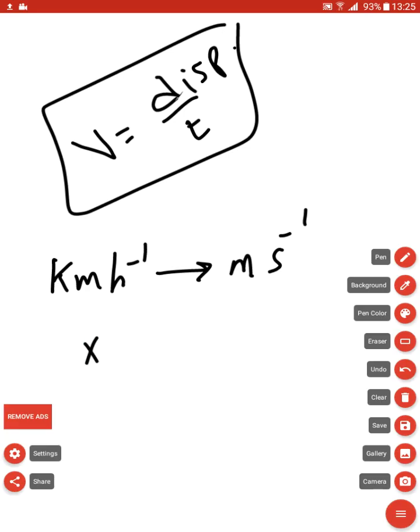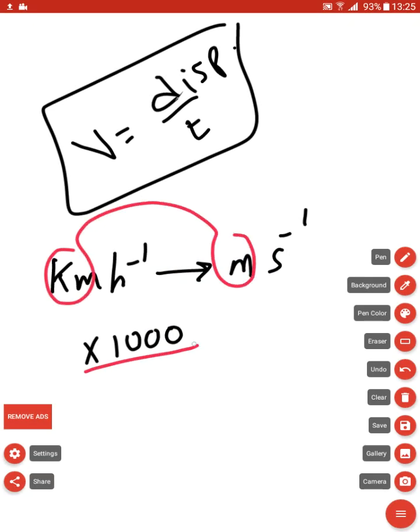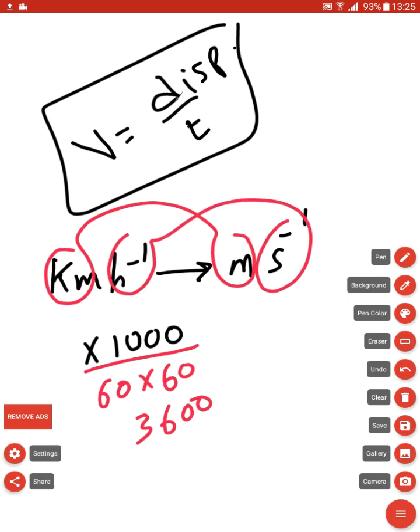You have to multiply the value by 1000 to change from kilometer to meter, and divide by 60 times 60, which is 3600, to change hour to second.